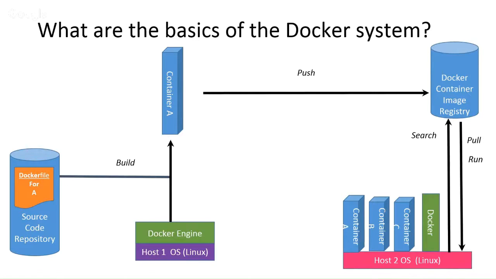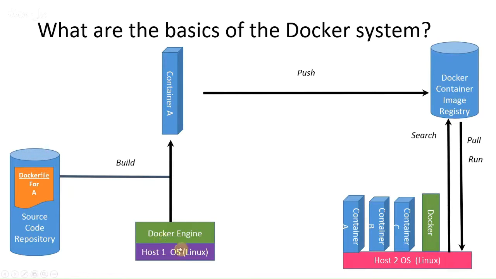So we will have a look at the basics of the Docker system. When it comes to Docker, you first have to have a Dockerfile. If you want to build a new Docker image, you have to write a Dockerfile. Then it may be stored inside the local code repository you have.